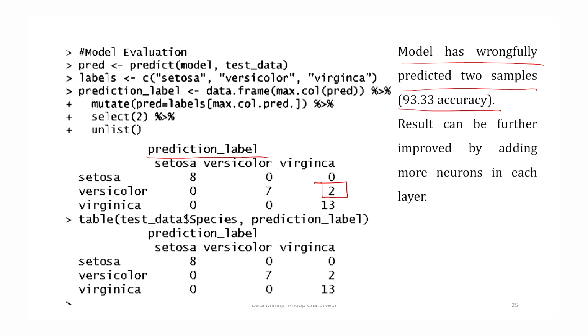You can further increase the accuracy if you add more neurons in each layer, or if you increase the number of hidden layers, but it may further complicate the model.